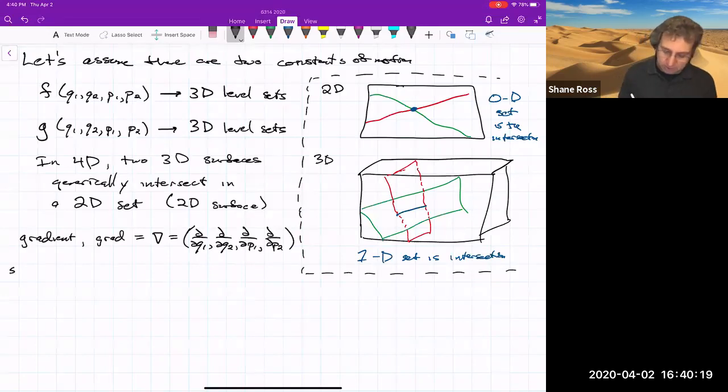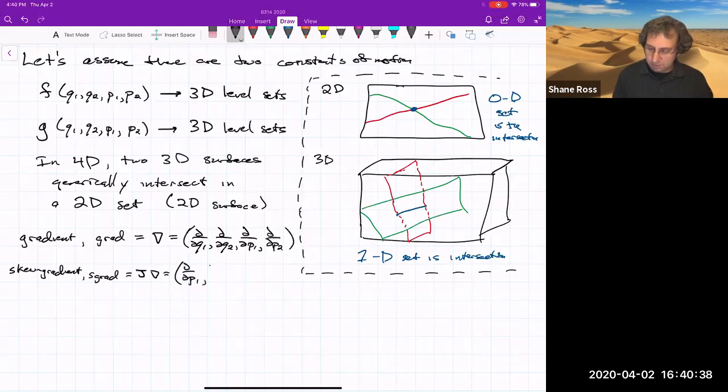We could also define the skew gradient, or S grad, and it's just going to be J times the gradient, which means in this first slot, it's partial P1, partial P2, and then minus partial Q1, minus partial Q2.